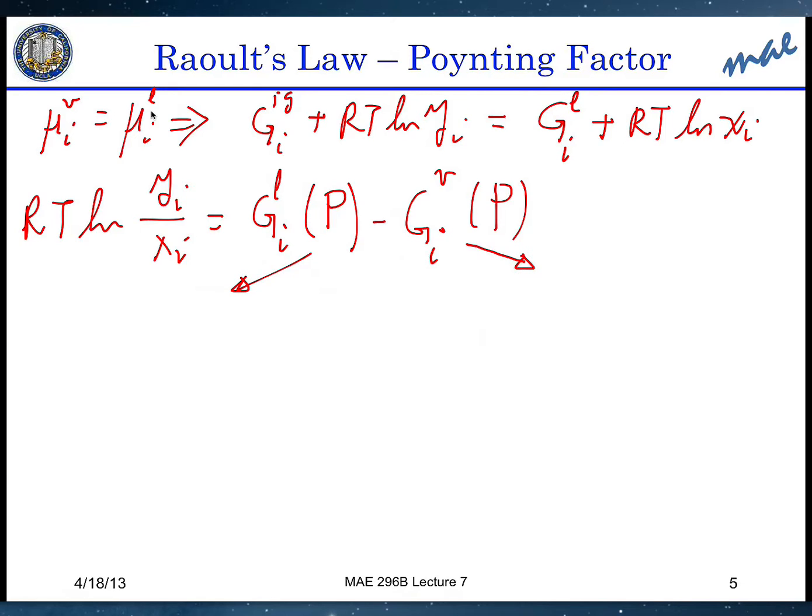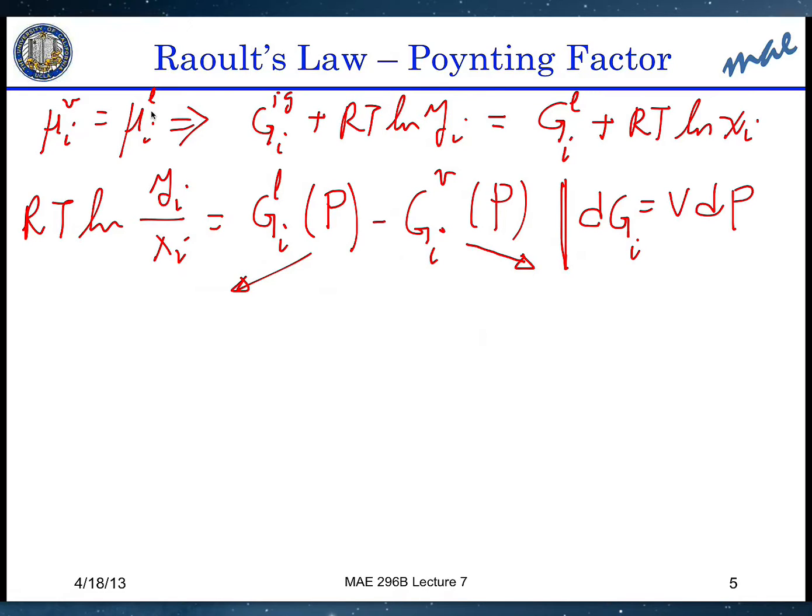So this one on this side, I do integrate. I know that dG of i is equal to V dP. That's my starting point. So I have to integrate this for the vapor and the same for the liquid.